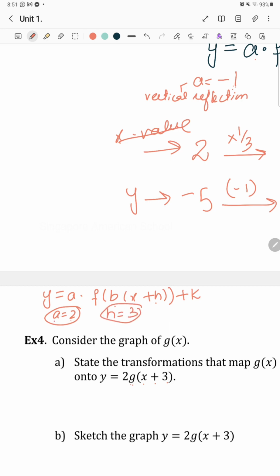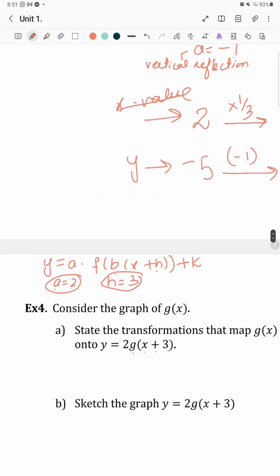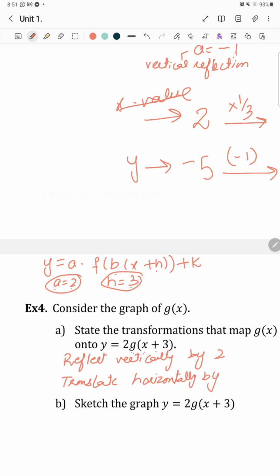So there are two things. Vertical reflection, reflect vertically by 2. Translate horizontally by 3. A is equal to 2, h is equal to 3 for this part here.